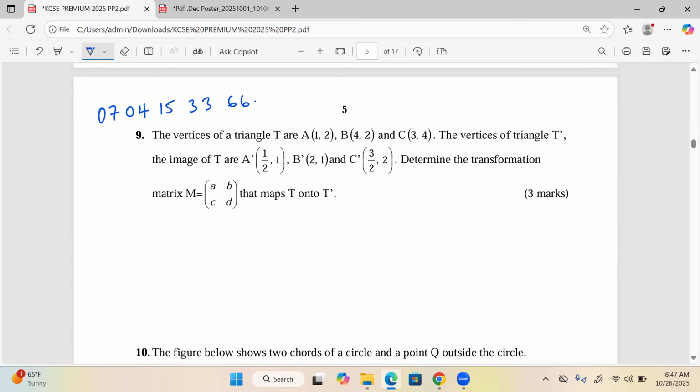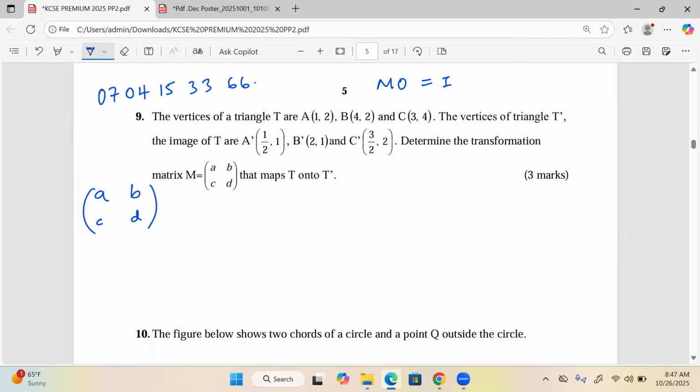Okay, this is on matrices and transformations, and we know that a matrix multiplied by the object should give us the image. When this is known, then we will say the unknown matrix, when this multiplies the A, the B, and the C made into column vectors (1, 2), B (4, 2), and C (3, 4), we should get A prime, B prime, C prime.